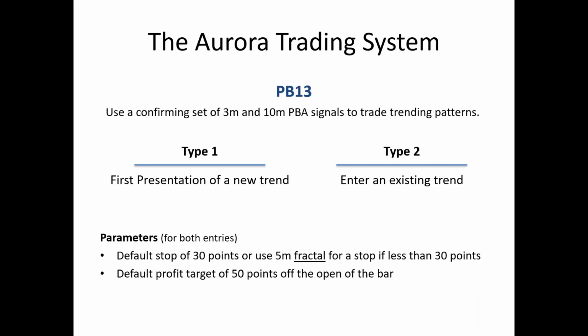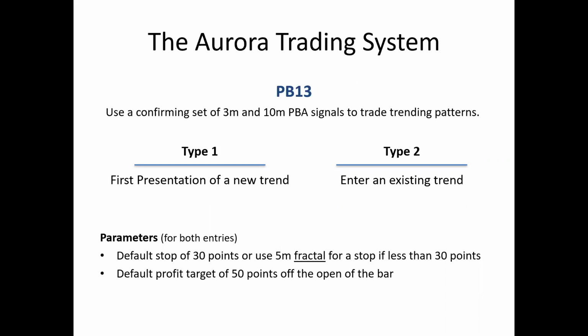We give the trending trades a wider stop because our objective is to let it move around, let it gyrate a little bit, and we want to be in the trend as it really starts to gain some momentum. Now, just like we taught with the PB35 and the PB3, we still use 5-minute fractals.